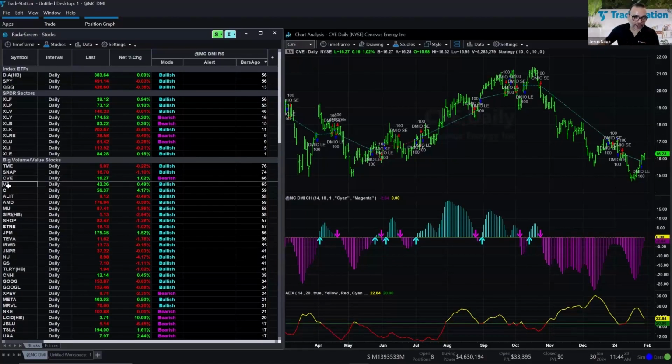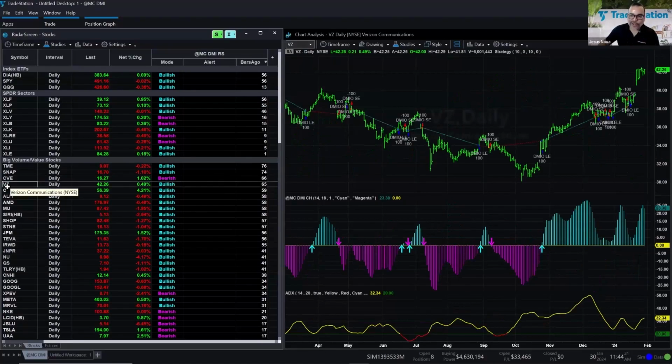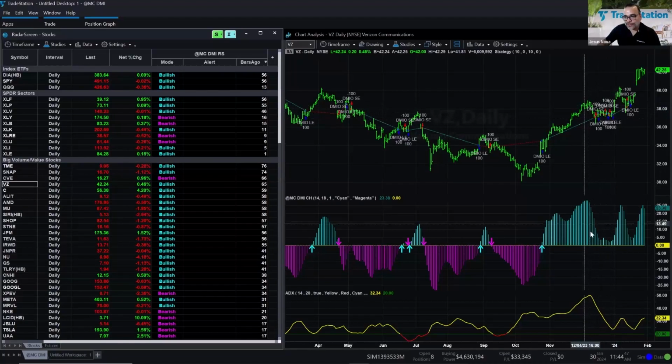So a lot of these stocks, if you sort them by bars ago, you can see the stocks that haven't crossed or shown any difference in their price movement for some time already. Verizon is another stock that has been on the positive side, even though we did see some corrections. And notice that in these corrections, what the DMI does, it actually drops in value.